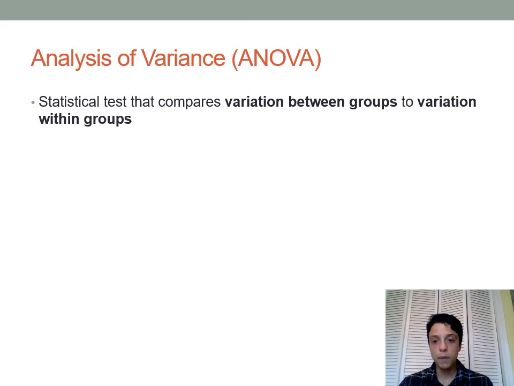So maybe people in your rural areas see the police as really fair, people in urban areas tend to see them as less fair, and people in suburban areas are somewhere in the middle. So your variation between groups would be just describing how big those differences are, how different your sample means are from each other.